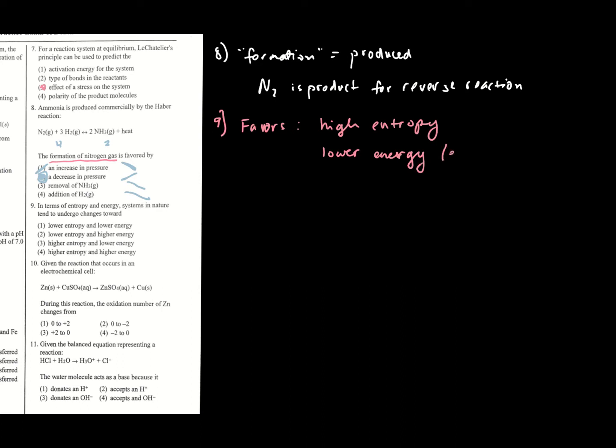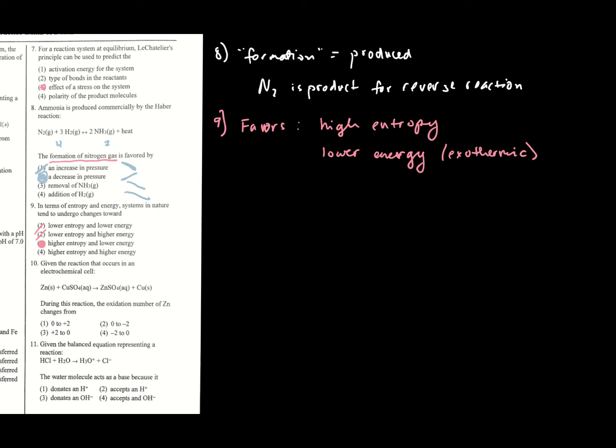In other words, we also call those exothermic reactions. So we can cross off 1 and 2 because those are low entropy. We need high entropy. And then we look at choice 3 because it also has lower energy. So that's what the universe favors. High entropy, low energy.